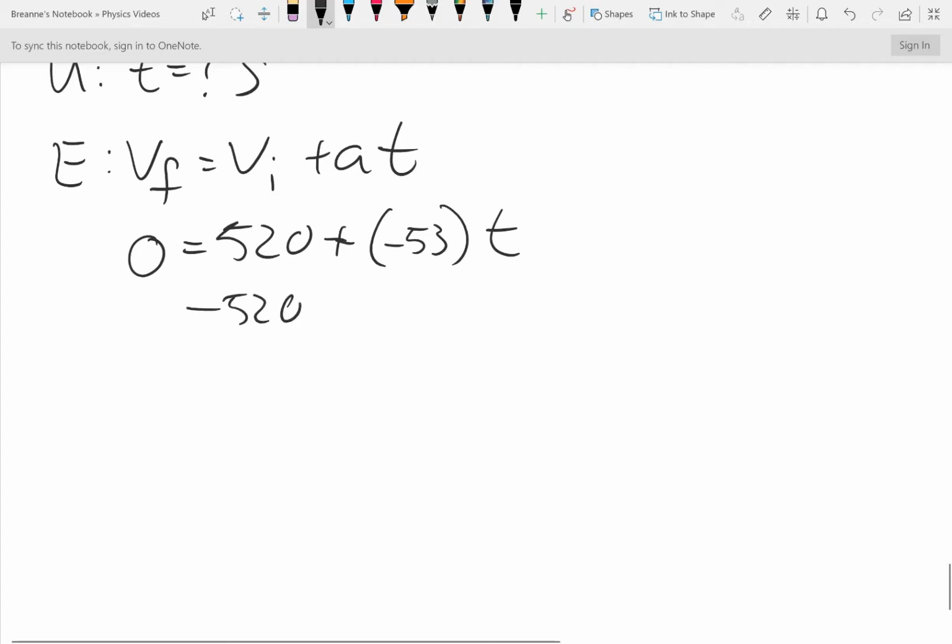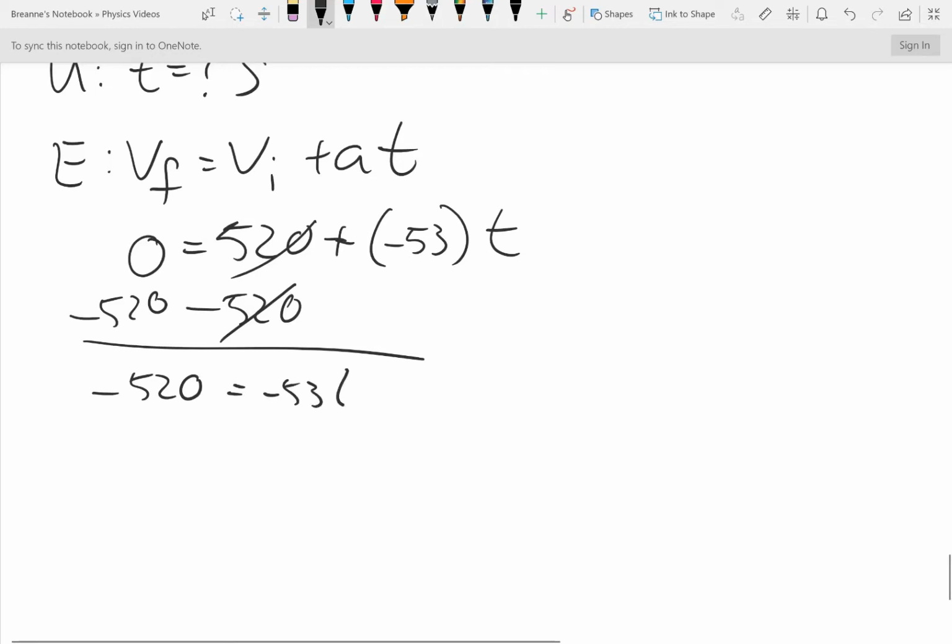So we got to figure out how to get 520 on the other side. It's a positive number, so we're going to subtract. And what you do to one side, you got to do to the other. And then we need t by itself. It's being multiplied, so the opposite of multiply is divide. And you're left with t equals 520 divided by 53.